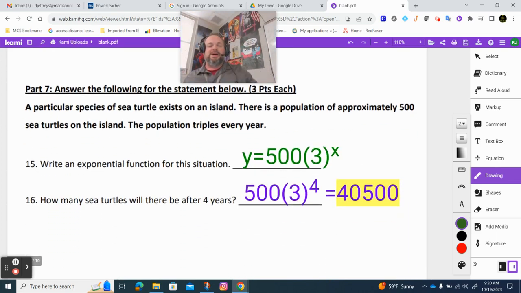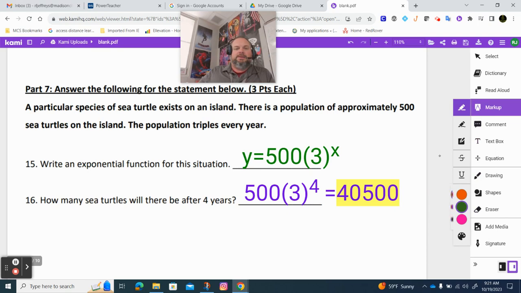All right. The reason why this one is topped out is because previously, before I started working on it, a student asked, so I needed to do that. I didn't have my little pen attached. So, sea turtles. There are 500 of them. Okay. And they triple each year.